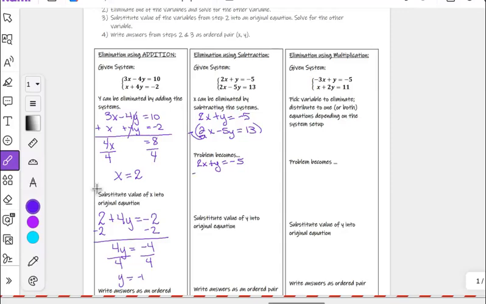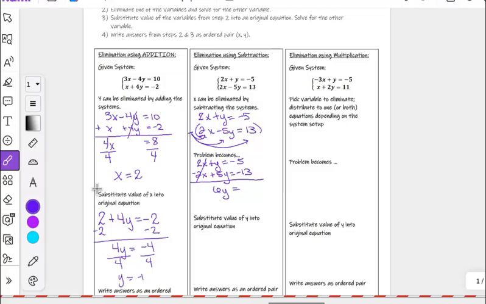Negative times 2x is -2x. Negative times -5y is +5y. Negative times 13 is -13. Then I can just combine them and go straight down. 2x minus 2x cancels out. Y plus 5y is 6y.